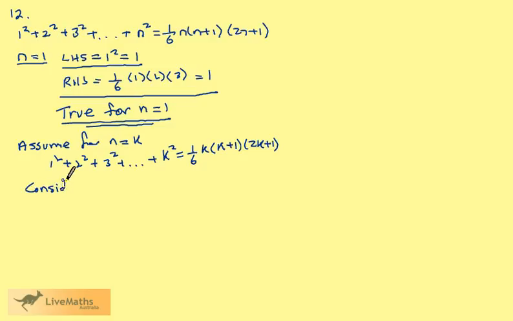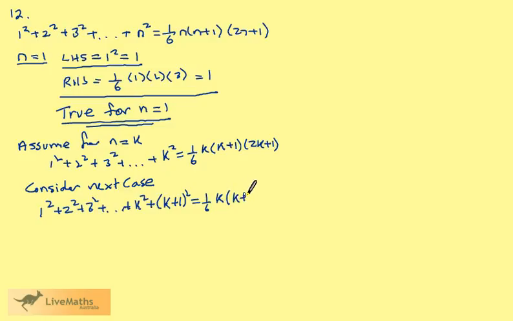Then consider the next case. So n is k plus 1. 1 squared plus 2 squared plus 3 squared and so on up to k squared, then add the next one, would be equal to 1/6 k, k plus 1, 2k plus 1 plus k plus 1 squared.